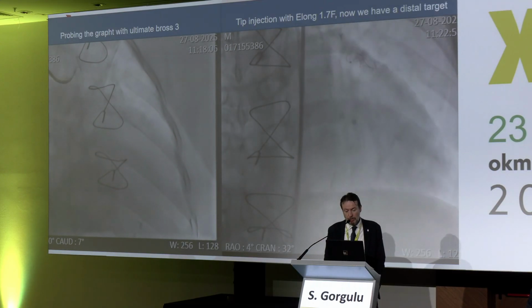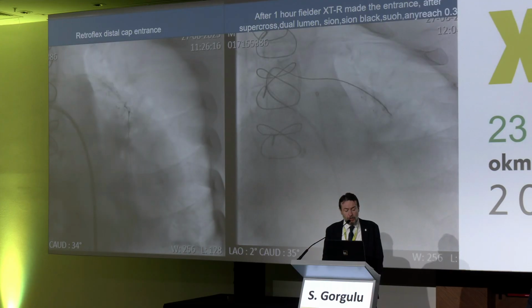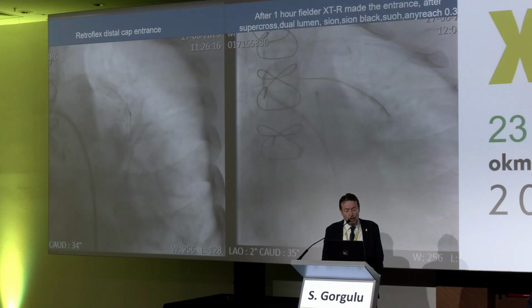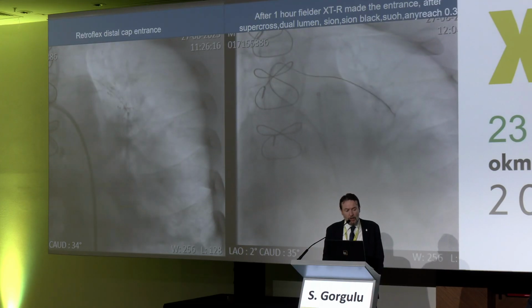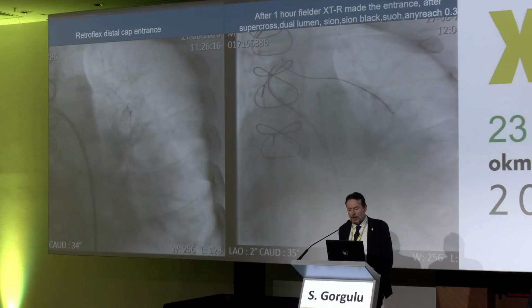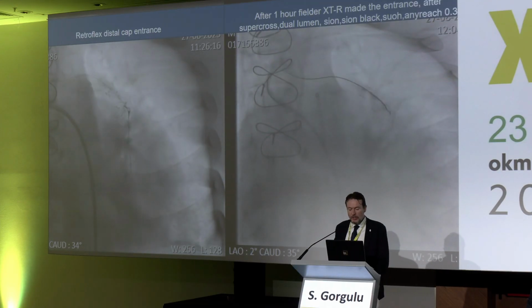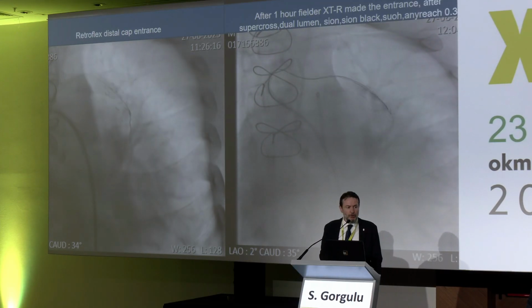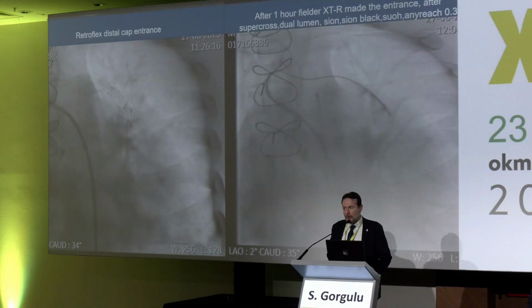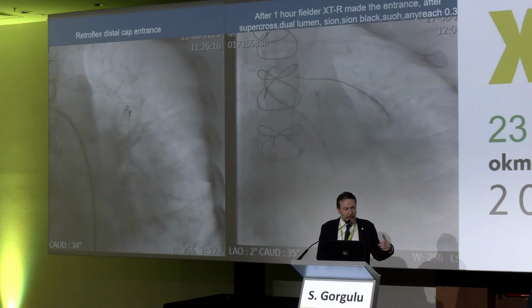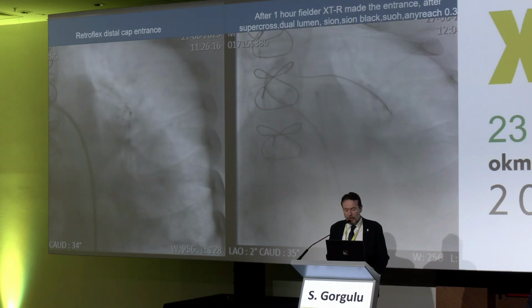So this was the situation. We checked from different positions to understand how to go there and how to overcome this retroflex distal cap engagement here. We tried for 1 hour, used everything, Supercross, dual lumen microcatheter, and 2.6 coiled microcatheters.